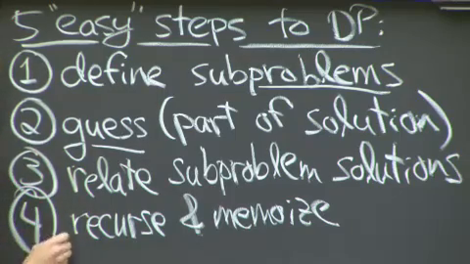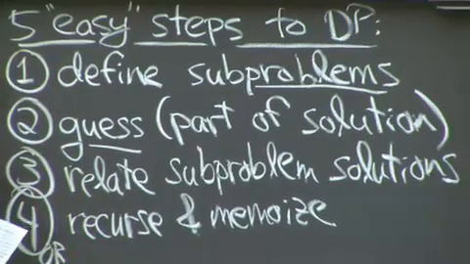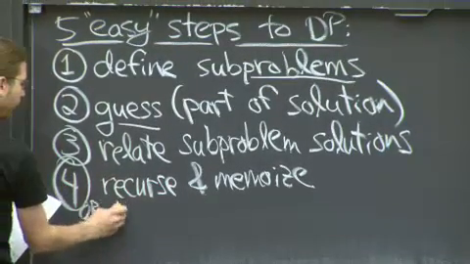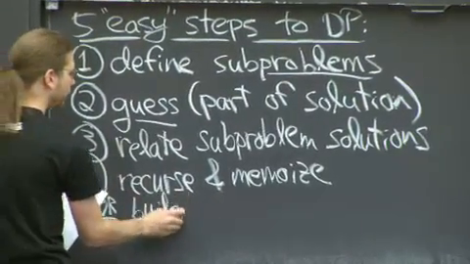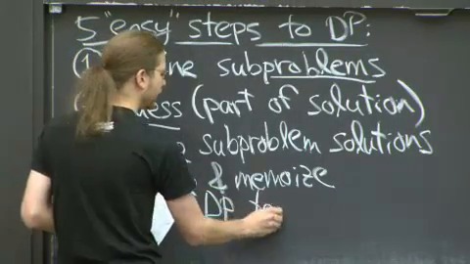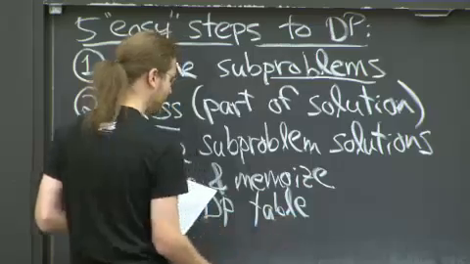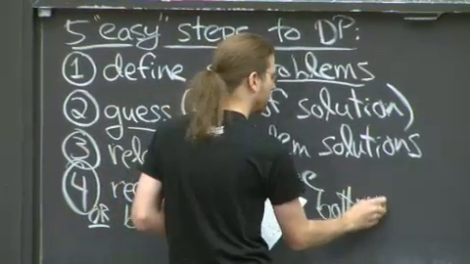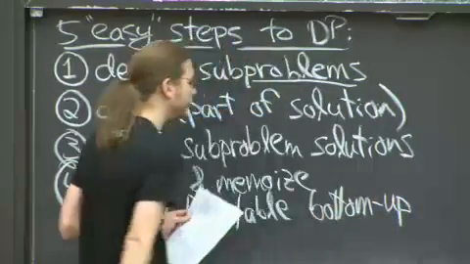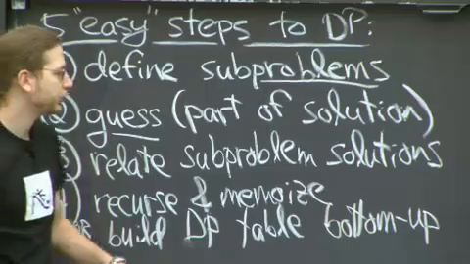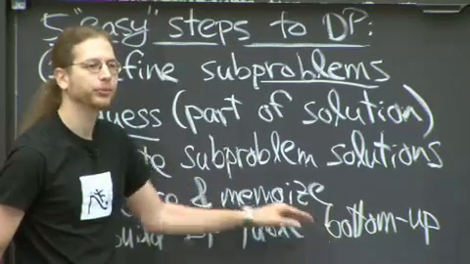And we saw 2 ways to do that last time. One was to use recursion and memoization, which is the way I like to think about it. But if you prefer, you can follow the bottom-up approach, and usually that's called building a table. That was basically to turn our recursion and memoization, which is kind of fancy, into a bunch of for loops, which is pretty simple.